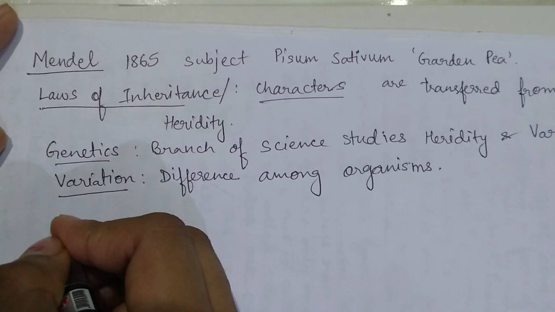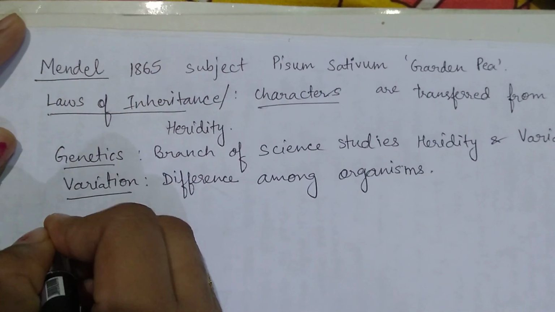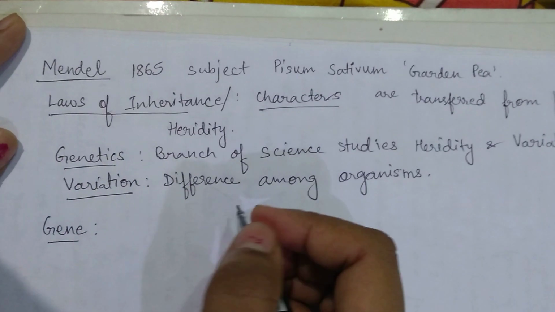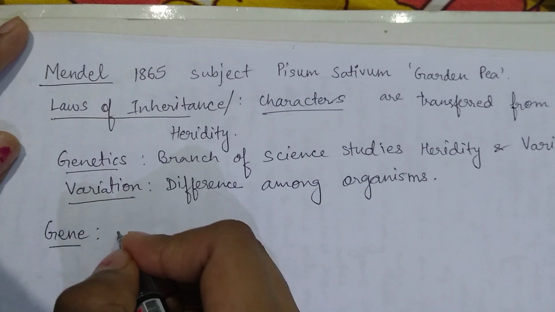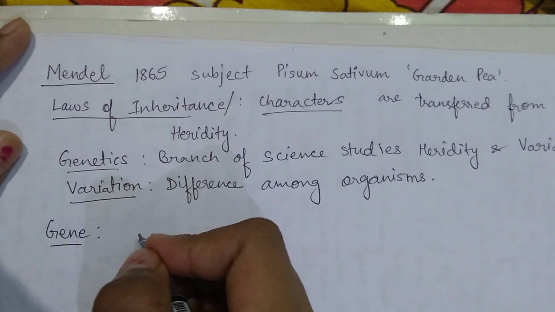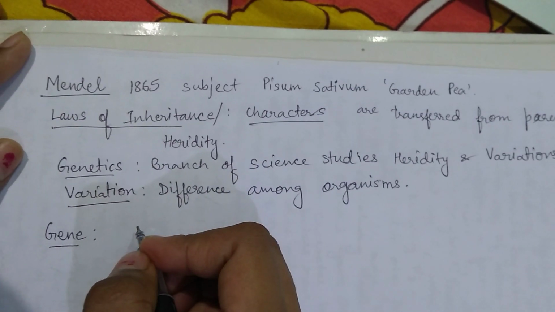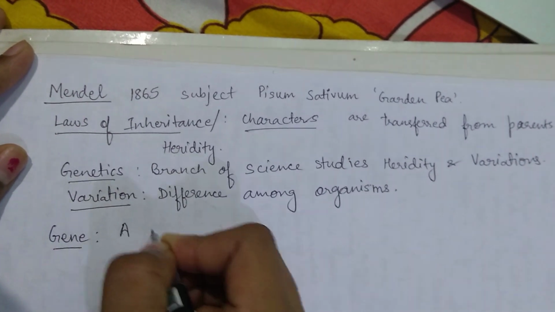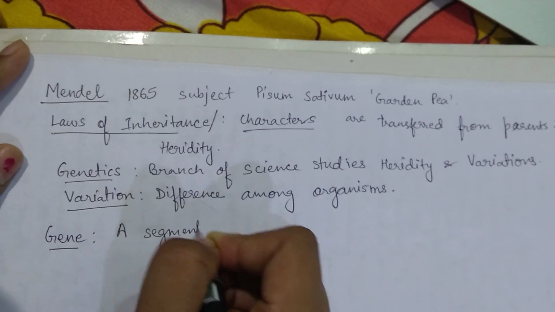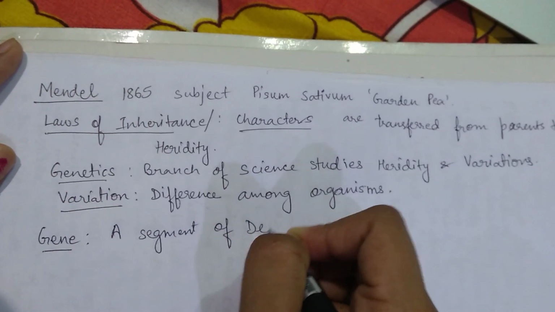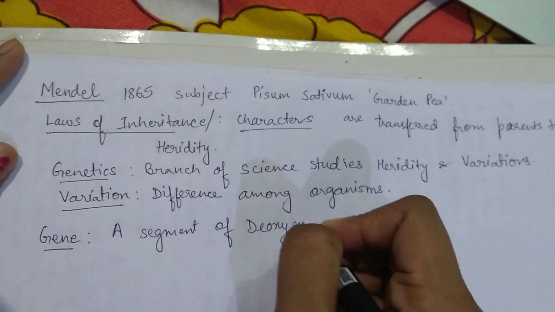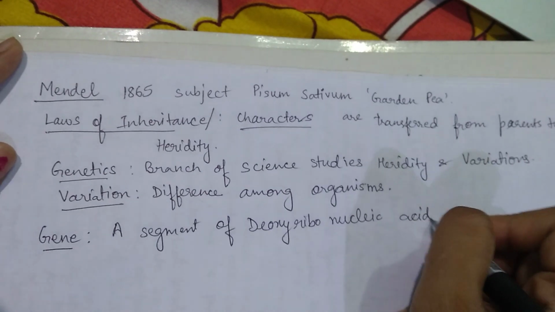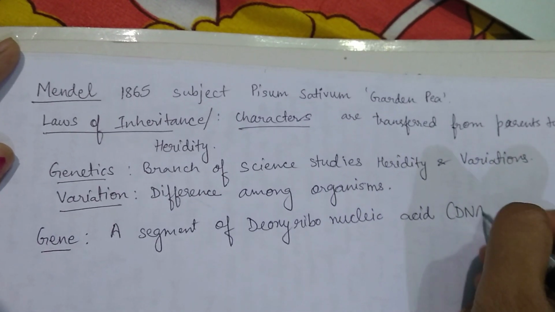Now coming to the unit of heredity. What is the unit of heredity? Gene. Gene is called the unit of heredity. Now, where are genes located and what is a gene in the first place? A gene is known as a segment of deoxyribonucleic acid, commonly known as DNA.